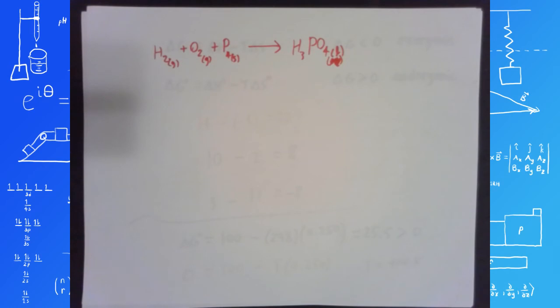Same thing we did earlier with delta S, same thing we did way back in video number 6 with delta H. So yeah, I think that's enough for you guys to go on. I think you can figure out the rest from there.